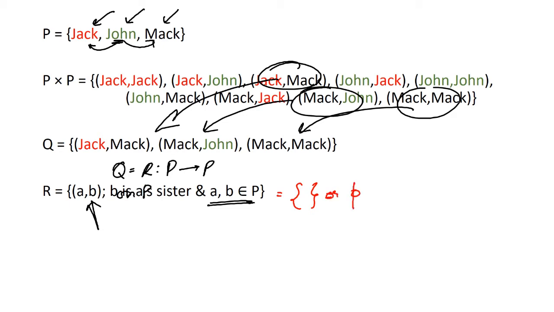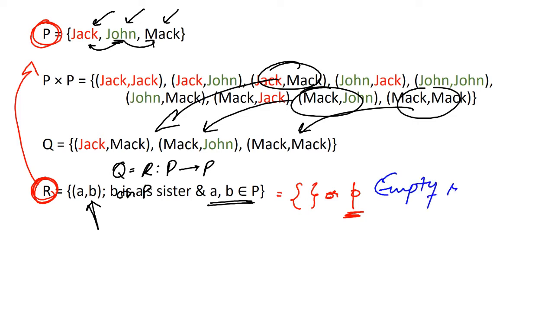Now my question here is, can we say that R is a relation on P? Since φ is a subset of all sets, we can definitely say that R is a relation on P, and this relation is called an empty relation, which has no element in it.